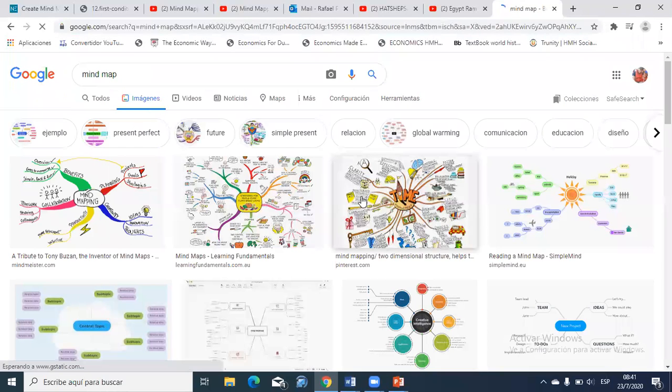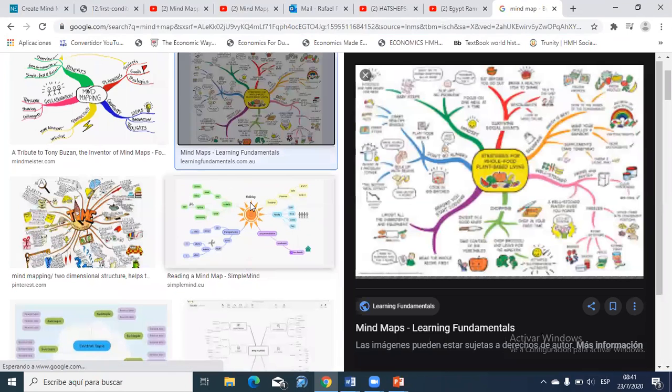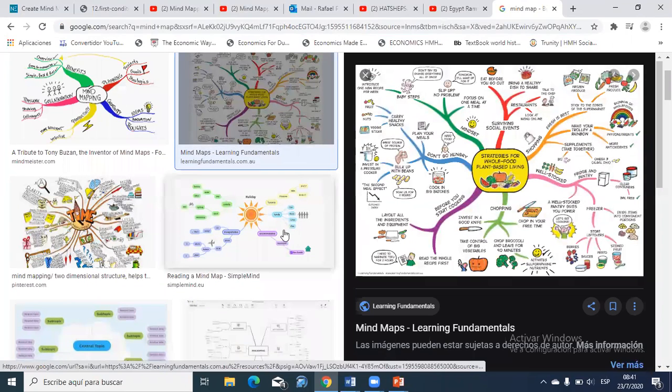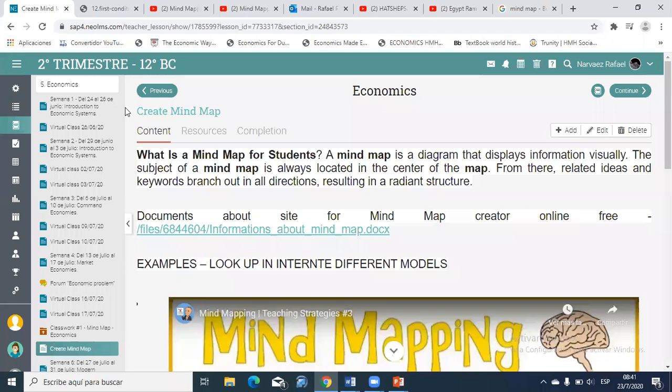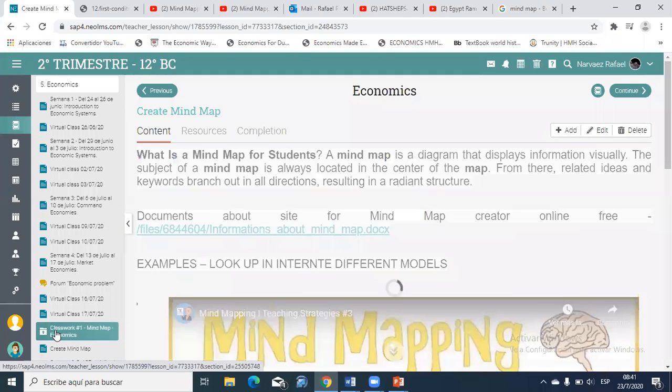Open. Let's use this one. Okay, now let me go back to the information. No, this is not it, it's this one over here. Classroom number 1, mind map.